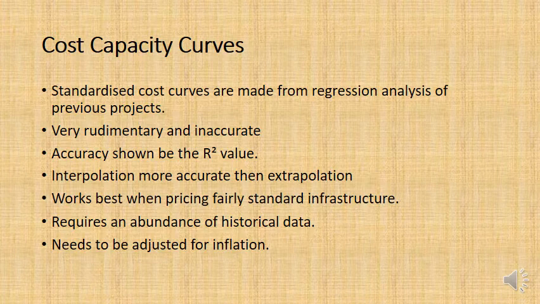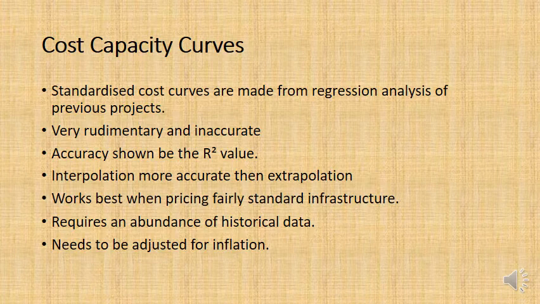Also, the R-squared value will make it less accurate. And the other thing to remember is the fewer historical data points, the fewer previous projects that you've done to build your data, the higher the chance that an outlier will be skewing the data.